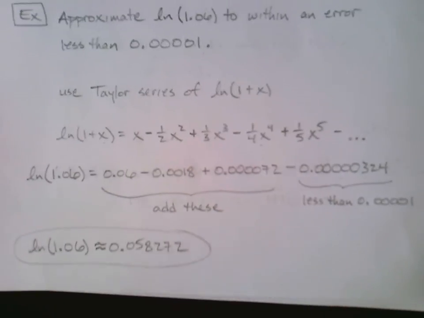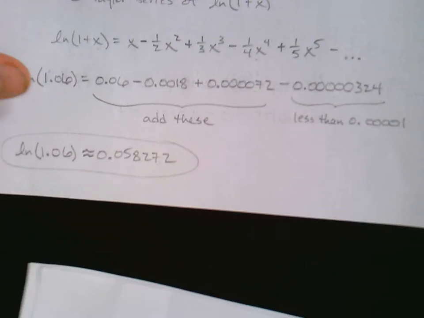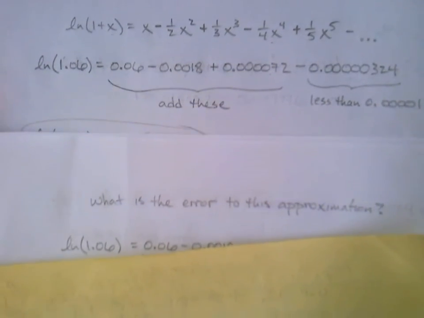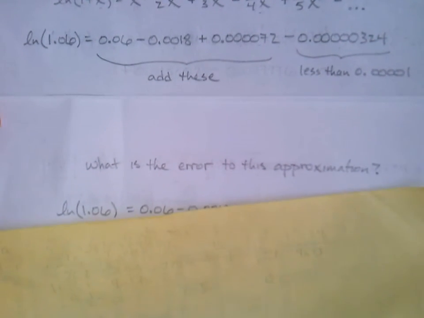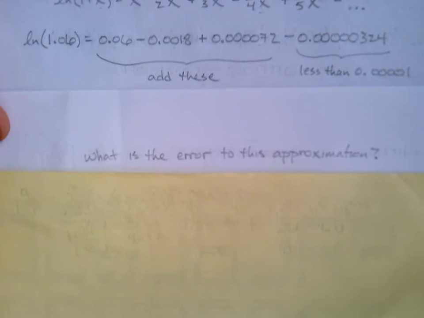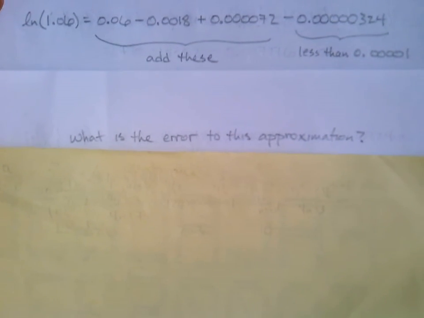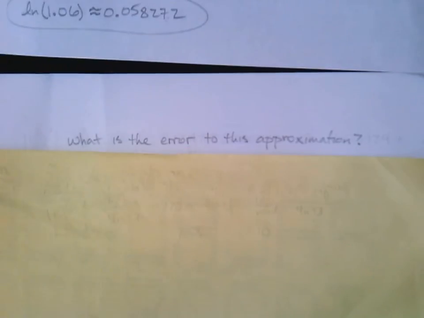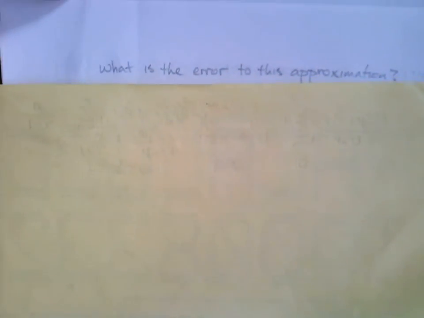There is a follow-up question, and you're going to see this in the homework, so I want to present it. Let me bring this back here. What is the error to this approximation? Actually, I think I just went ahead and wrote it again. Being a bit clunky here.